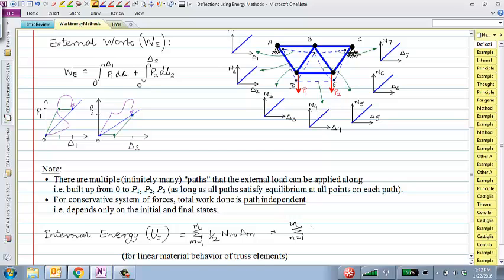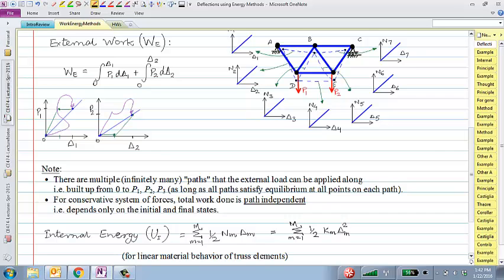So I'll replace N here with the stiffness of the truss member, half times K_m times delta square, or delta_m square. They are both equivalent expressions of internal energy stored in the structure.